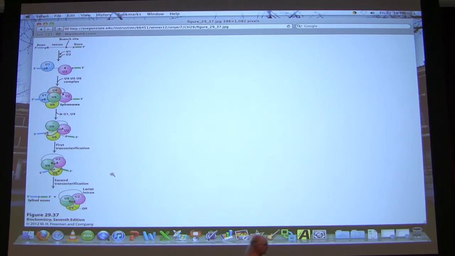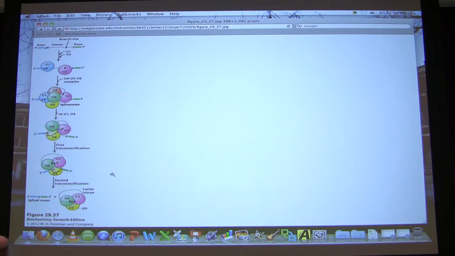The complexes, as you can see on this screen, include proteins that you see labeled U1, U2, U3, etc. And those proteins have a name. They're called snRNPs, small nuclear ribonucleoparticles. snRNPs is probably the way you'll know them.